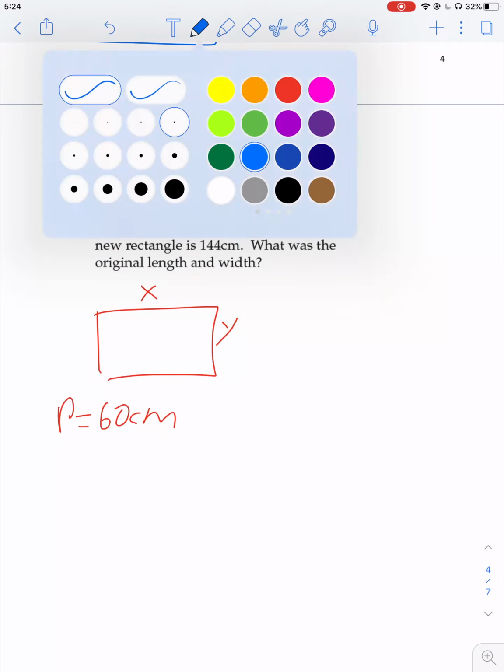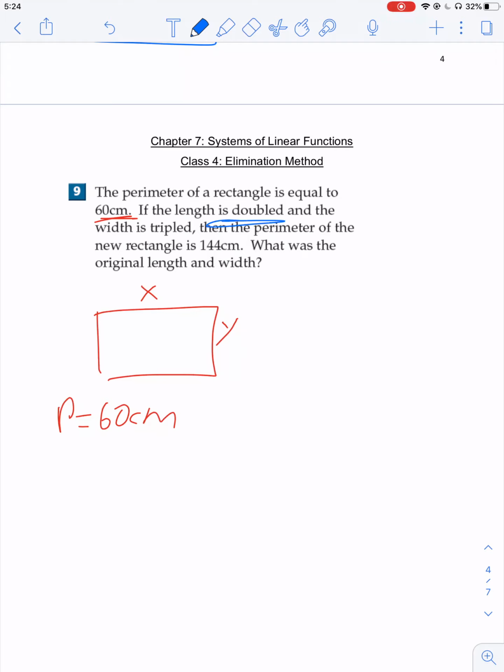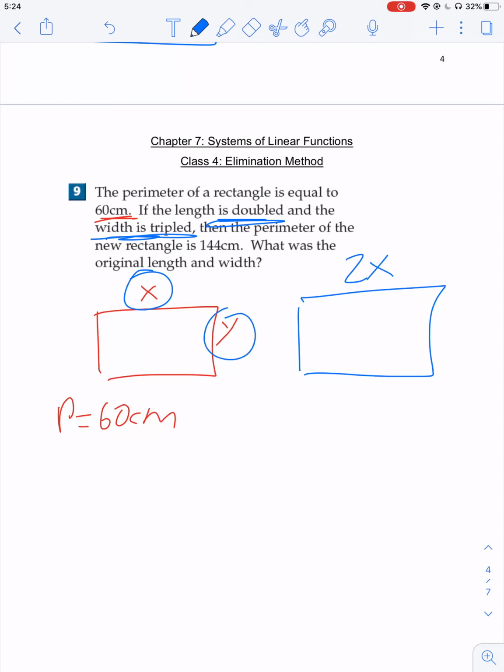But if the length is doubled and the width is tripled, then the perimeter changes. So this is your length, I'm going to double this, so this becomes 2x. And if I triple the width, I'm going to get 3y, then the perimeter becomes 144. So now I have my 2 equations.